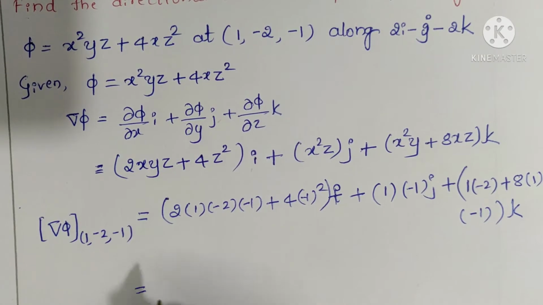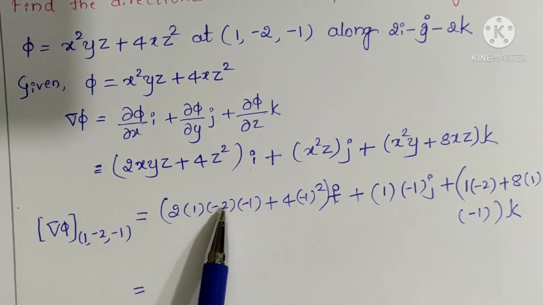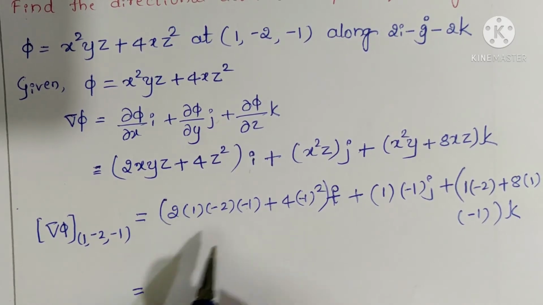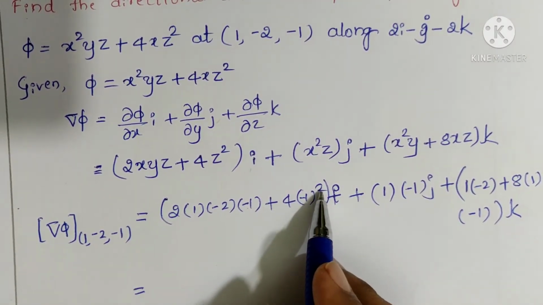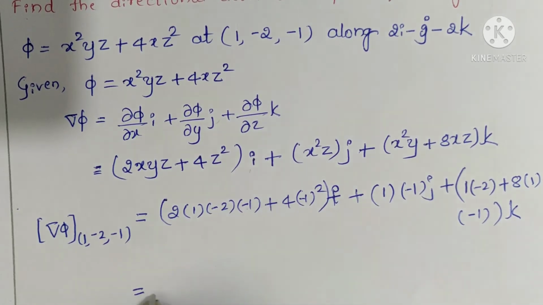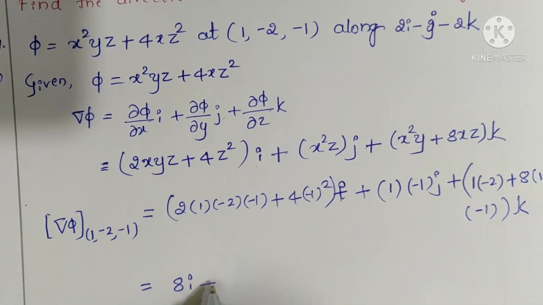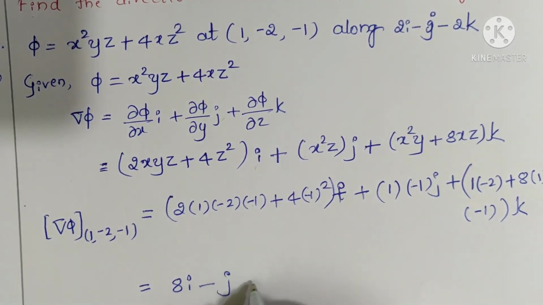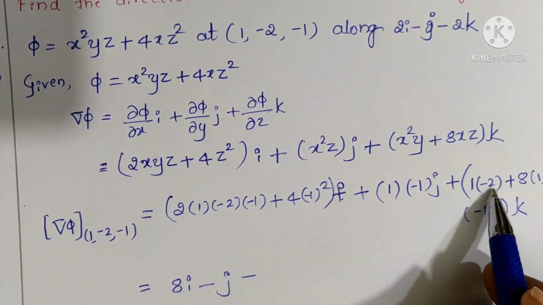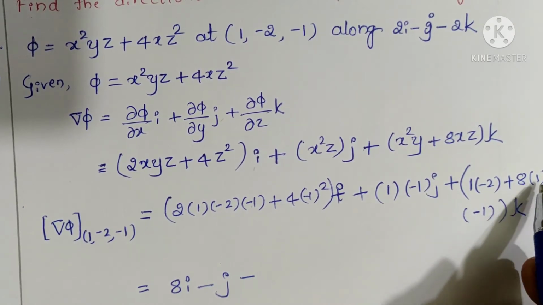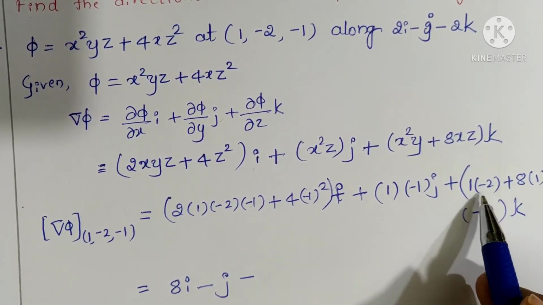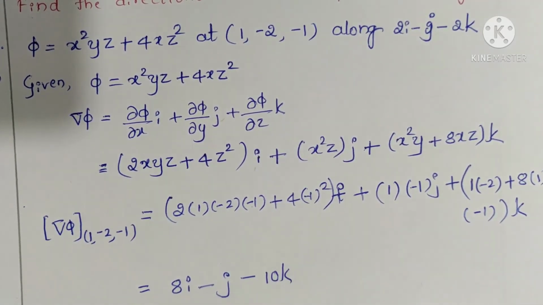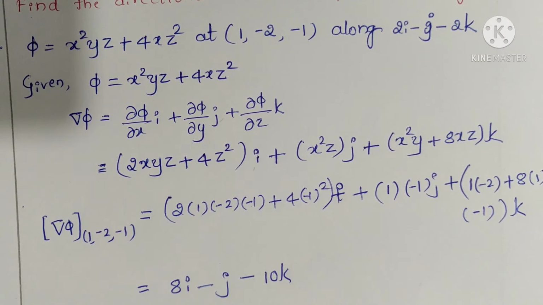So when you simplify, just see here 1 into minus 2 into minus 2, 1. So plus 2, 2 into 2, 4, plus minus 1 square will be plus 1. So 4 plus 4, 8. So it is 8i. Plus 1 into minus 1. So minus 1 j. And here minus 2 plus 8 into 1 into minus 1, minus 8. So minus 2 minus 8. So minus 10 k. This is del phi at given points.